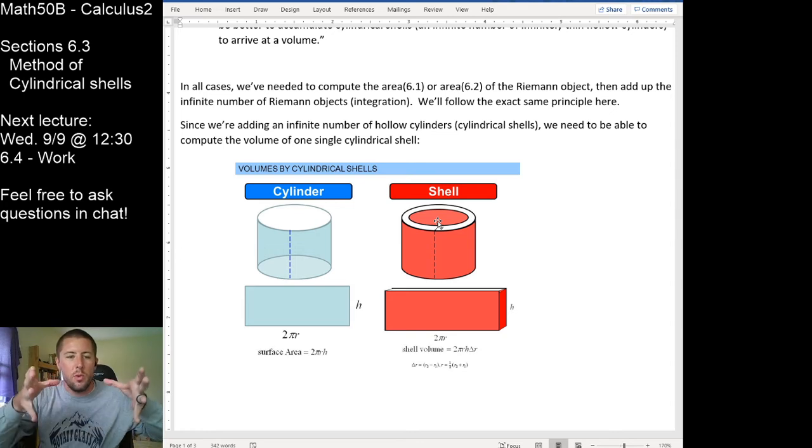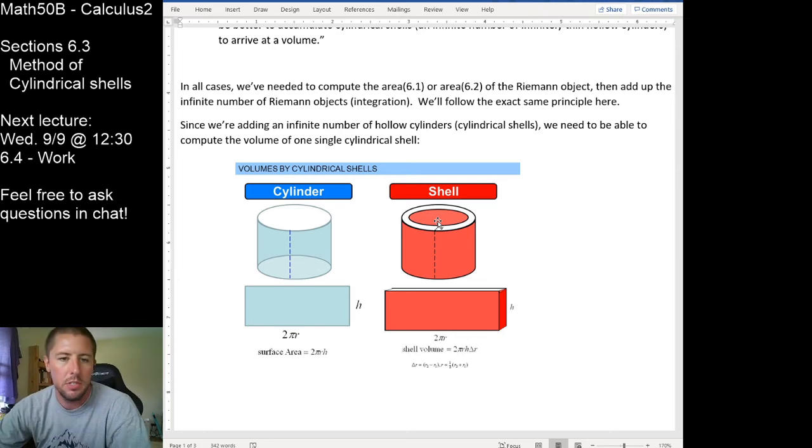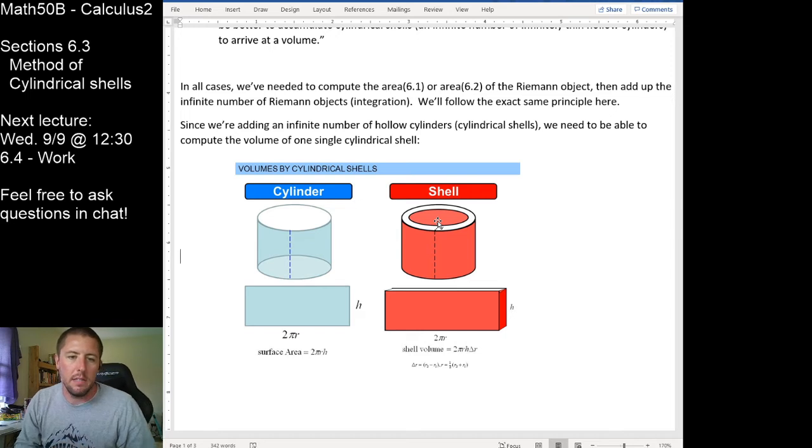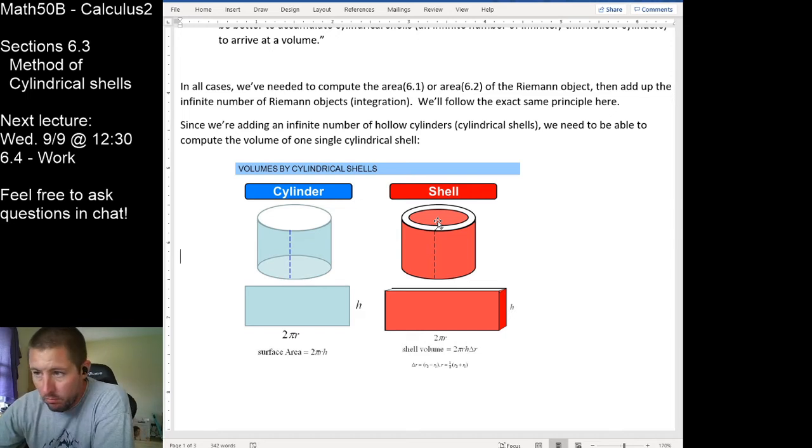These shells we are going to accumulate, in a sense, radially, rather than vertically or horizontally. So I think one of our big distinctions to make here is exactly that. Since our object is a shell and we're going to accumulate layers of the shell, we're really accumulating them radially, not horizontally or vertically.